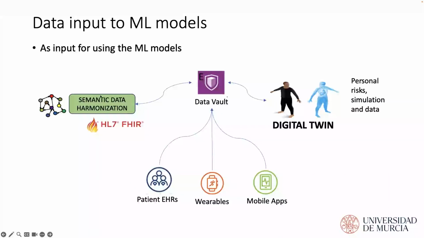In this case, we are standardizing them using HL7 FHIR and SNOMED CT, to provide this standardized interface with the digital twin. But of course, we could do it using another standard, because as said, we don't commit to HL7 FHIR or to OMOP.